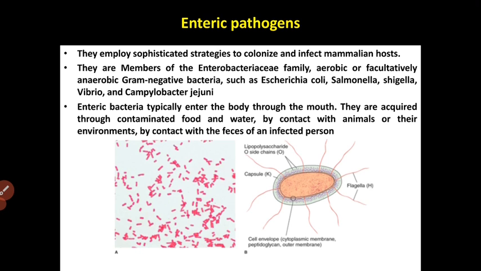Typically, they are acquired through contaminated food and water or by contact with animals or their environments or by contact with the feces of an infected person. These are the microscopic images and this is the antigenic structure image for E. coli. We'll talk on this later.